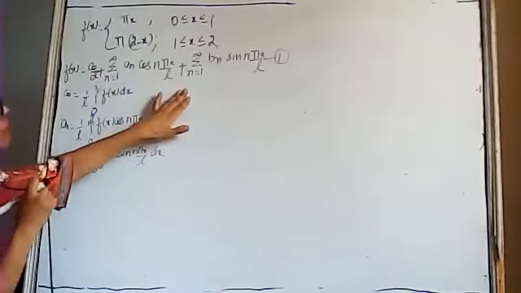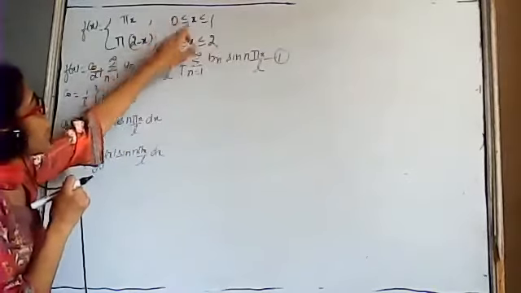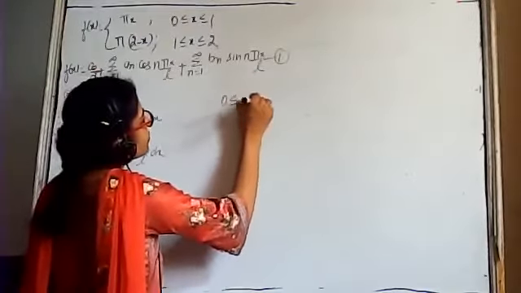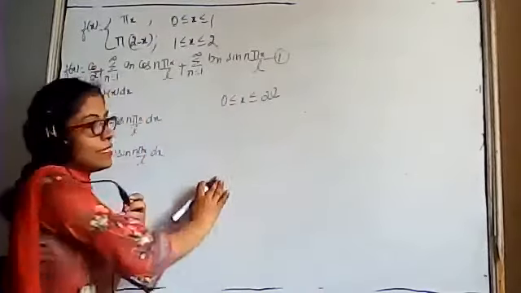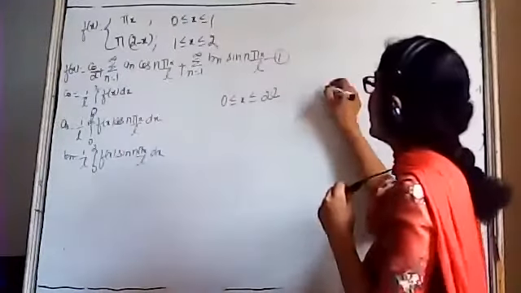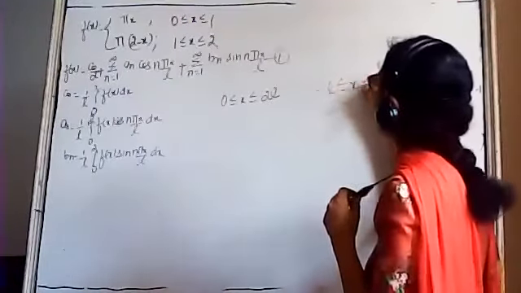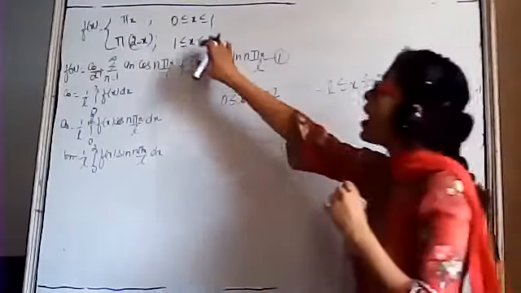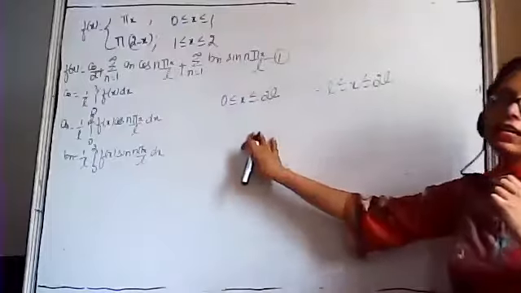For finding the value of L, first of all, you have to compare this limit with the general limit, that is from 0 to 2L. See, we have two cases. One is from 0 to 2L and another is from minus L to L. Okay, whichever kind of limit you have, you have to compare it with that case only.